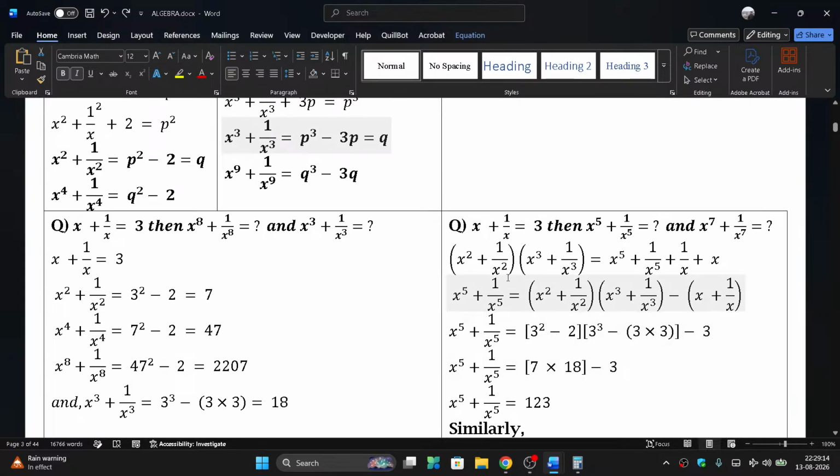Okay, so here we had to find the value of x to the power 5 plus 1 by x to the power 5 and x to the power 7 plus 1 by x to the power 7.